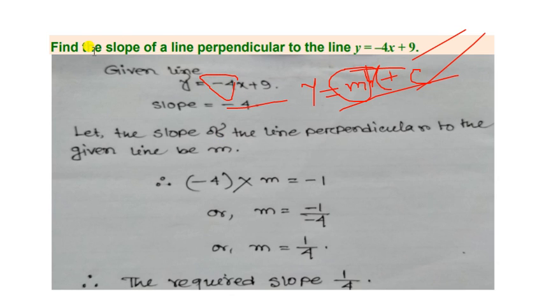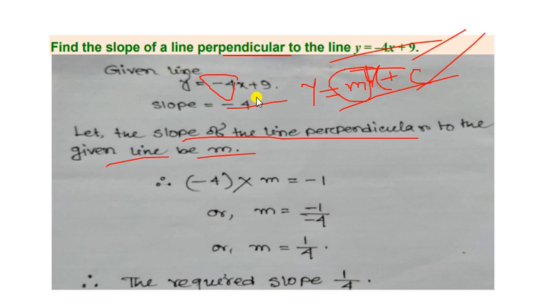But here the question is, find the slope of a line perpendicular. That means they are asking for a perpendicular line. For the perpendicular line we have to find out the slope. We don't know the slope of that perpendicular line, so we consider the slope of the line perpendicular to the given line. And we know when lines are perpendicular, the product of the slopes will be minus 1.